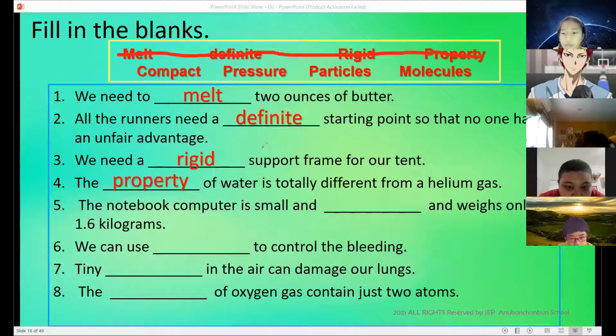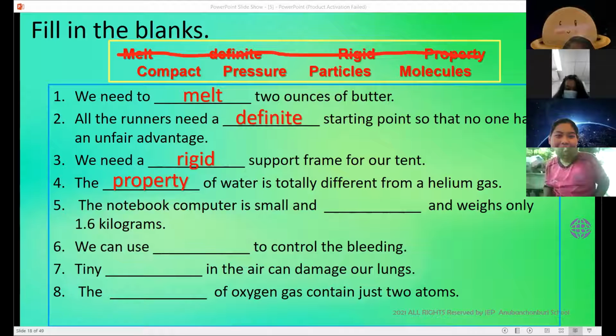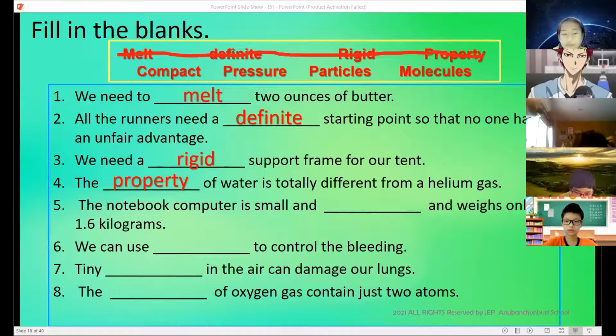Oh, you want the pressure for your notebook computer? Nah, pressure is the wrong answer. Sorry. What about Satawit? My very quiet friend, but always answers correctly. Satawit, what do you think is your answer here for number 5? Compact. Very good. The answer is compact. The notebook computer is small and compact and weighs only 1.6 kilograms.